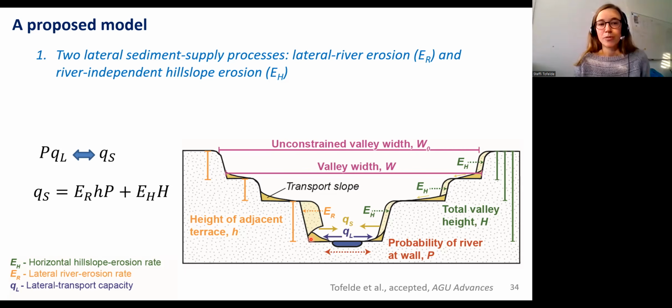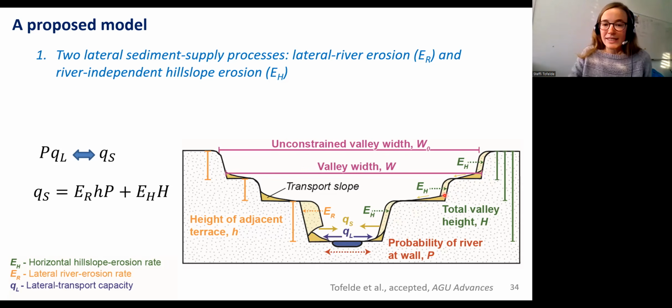We term this the river-independent hillslope erosion, that's the E_H here. The hillslopes erode, especially these upper ones here, even in times when the river can't touch these walls anymore, but they still erode due to rainfall and gravity and so on. And this sediment also gets transported down to the valley. So that's the first difference.